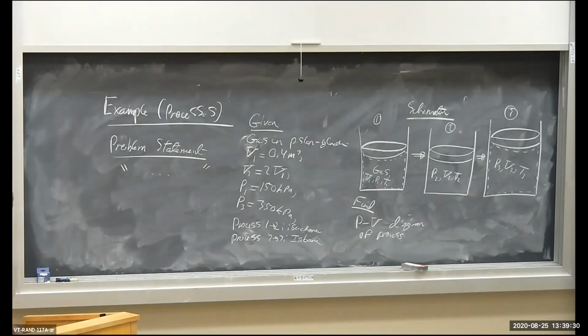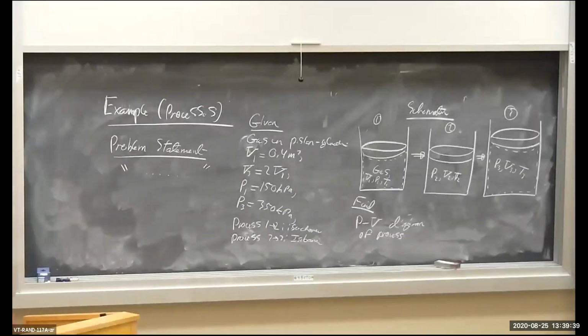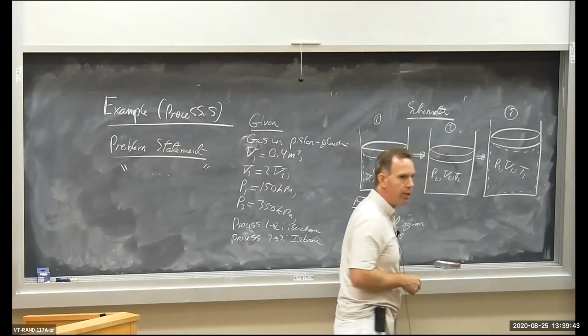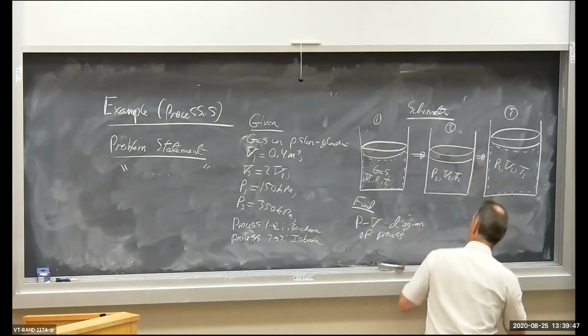I'll tell you what, why don't I stick on the same board and I'll do the process. Oh, by the way, what are the assumptions in this particular exercise? Assumptions, I'll write it right here.